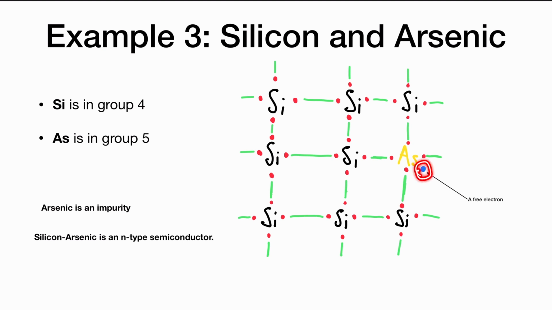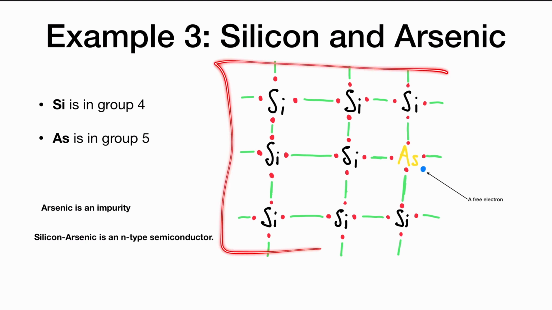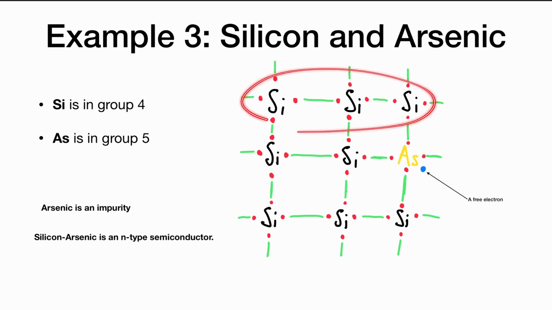So there will be no room for this electron to reside in the valence band, so it would need to be promoted or moved to the conduction band. And because it will be in the conduction band, this silicon, which has arsenic in one of these sides, will be a conductor, because it will have available electrons.